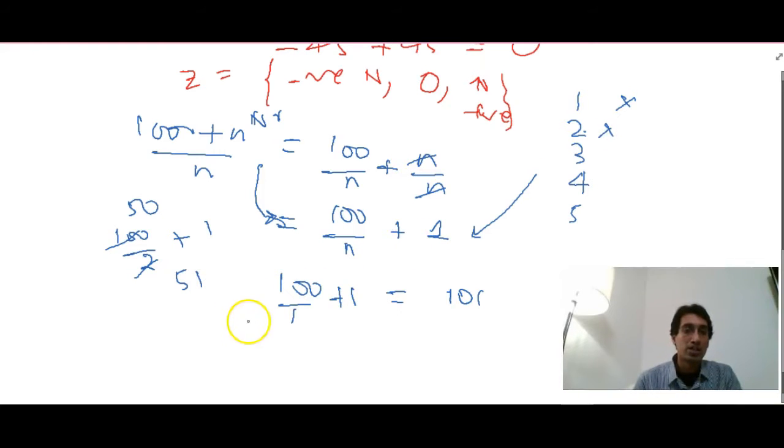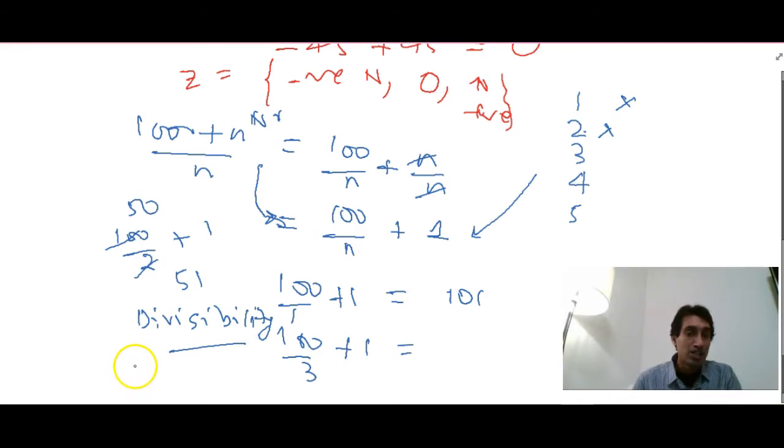Now let us check the third option. 100 by 3 plus 1 is equal to, now 100 by 3, is 100 divisible by 3? No, it is not divisible by 3. And the divisibility rule of 3 is what? We have to add the digits and check whether the sum is divisible by 3 or not.